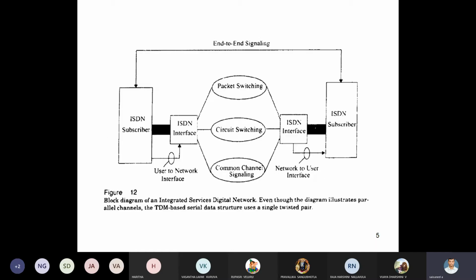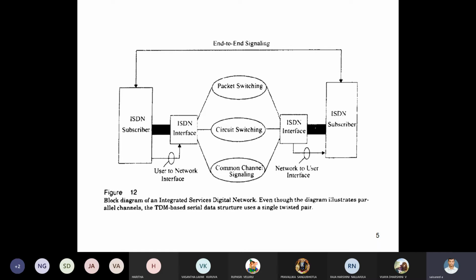These are our interfaces. This block diagram shows exactly how ISDN works. See here, end-to-end ISDN subscribers. In your home having a PSTN network, we are using a broadband connection through the telephone network. Similarly, the other user also has a similar broadband connection. How does the connection take place?